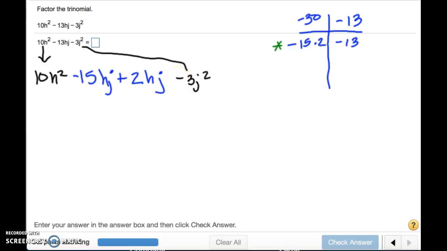So I'm going to do the same thing as before. Group these two, and see what they have in common. So this first set of parentheses, both numbers are divisible by 5, and they both have an h. Let me put that in there.